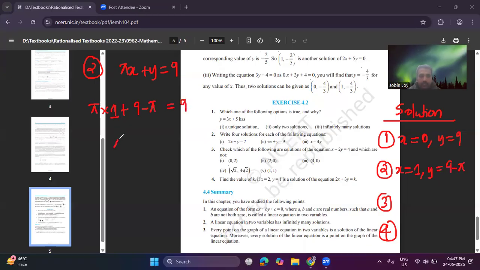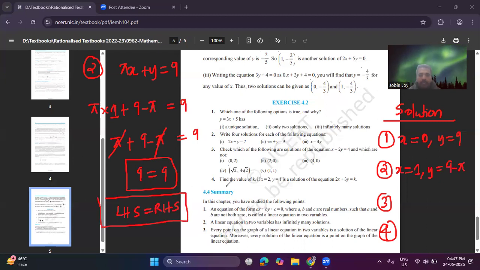What is pi into 1? Pi into 1 is pi plus 9 minus pi equal to 9. So pi minus pi cancel. So 9 equal to 9. So we will get left hand side equal to right hand side, right? So this is the second solution: x equal to 1, y is equal to 9 minus pi.